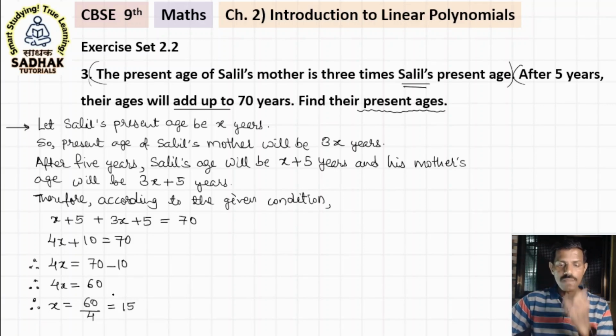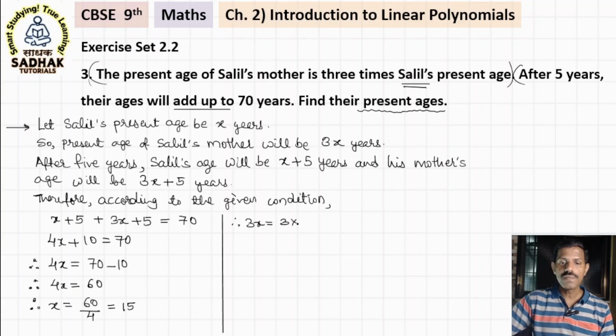Okay, so we got the value of x, that is 15. Okay, so x is what? Salil's age. Okay, so x is equal to 15, therefore 3x will be equal to 3 multiplied by 15, that is 45. Okay, so we got the ages of Salil, that is x is equal to 15, and we got the age of Salil's mother, that is 3x is equal to 45. Okay, so simply we have to write it in statement.